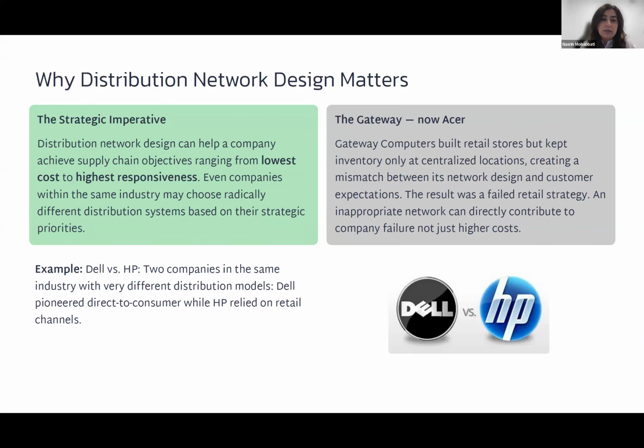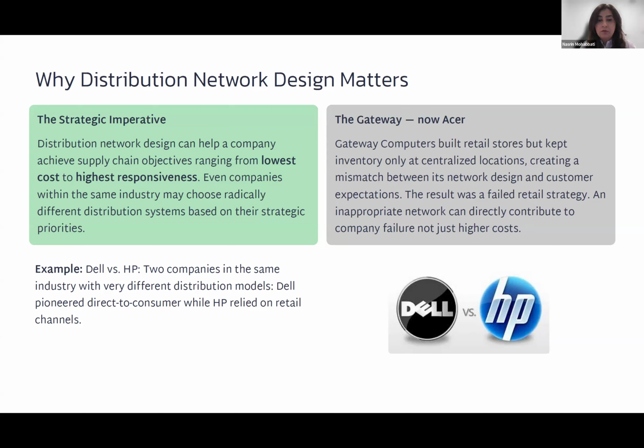Another example is Dell and HP. If you remember in our previous lectures, we talked about Dell's strategy. Dell first managed their supply chain in a way that customers could personalize and customize their computers, so they could place an order, and Dell would work on their orders and deliver them from centralized locations.